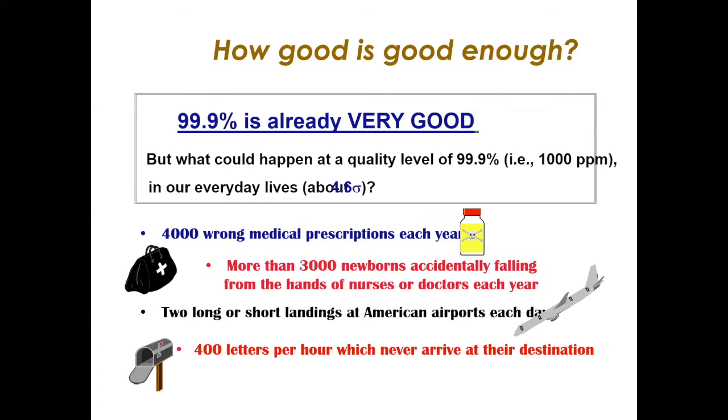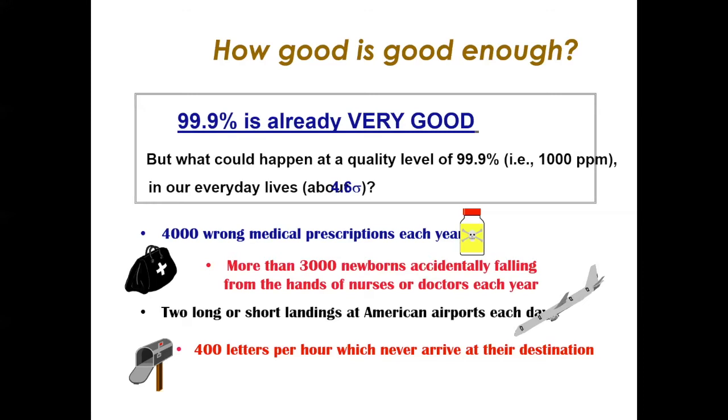So in this sense of continuous improvement, how good is good enough? So take, for example, a process where we have, let's say, 99.9% conformance to quality. So for example, if you're producing 1,000 products, you get 999 good products, and on average, you get one bad product.